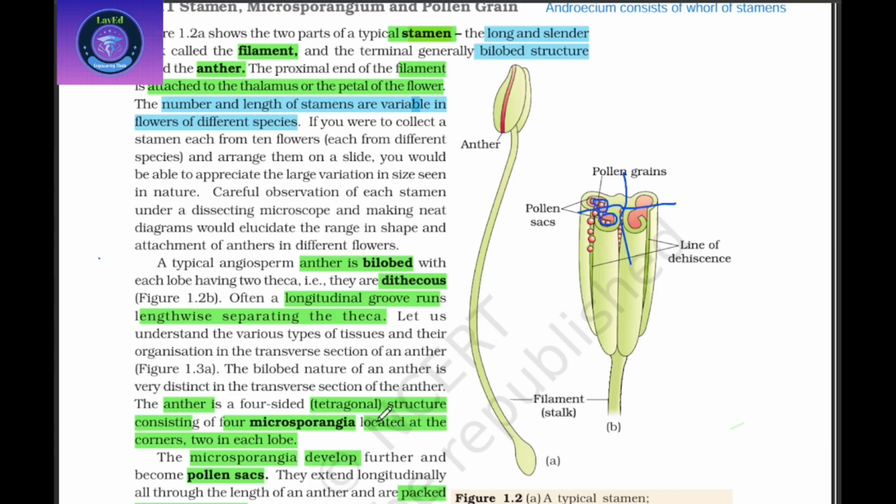They later develop into pollen sacs. Now the pollen sacs mainly consist of pollen grains. Is it clear? Anther, two lobes, inside each lobe two cup-like structures. A cup-like structure consists of a microsporangium, developing into pollen sacs packed with pollen grains. Repeat by yourself one time.